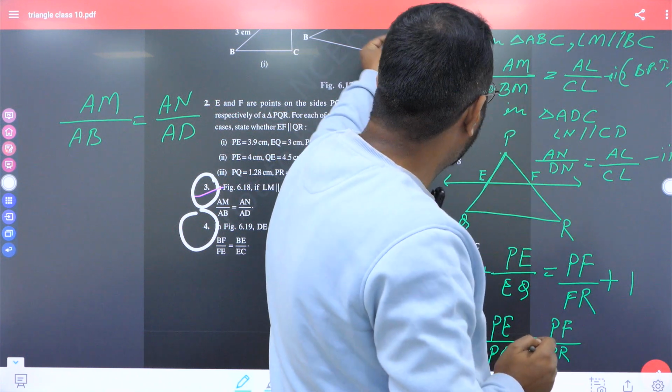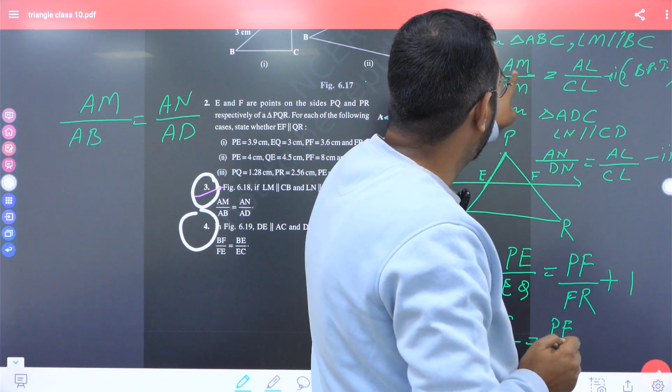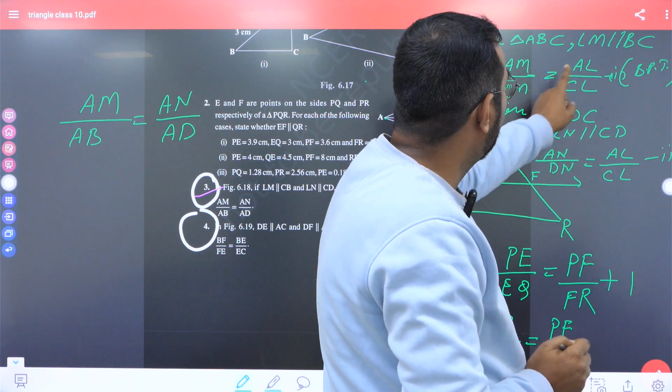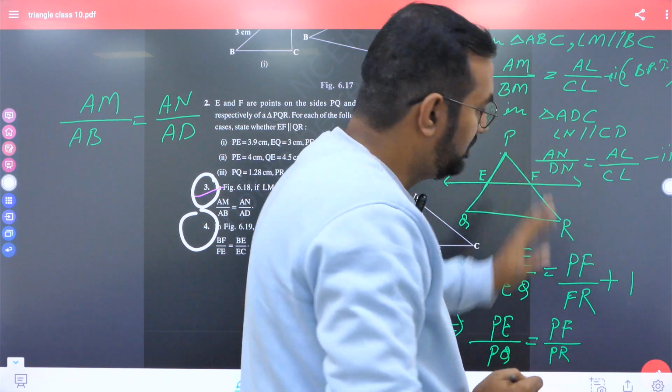By observing equations first and second, you can see AM upon BM is equal to AL upon CL, as well as AN upon DN is equal to AL upon CL.